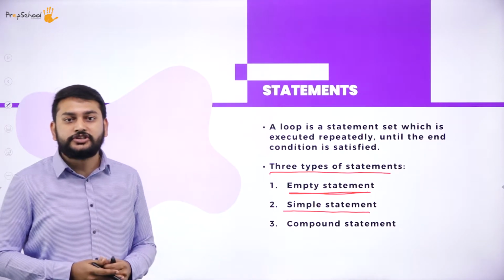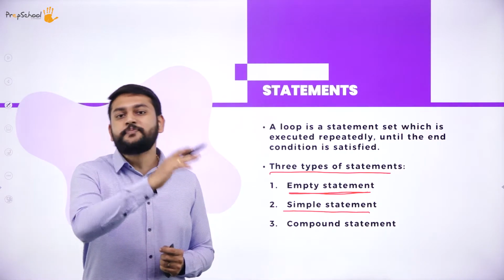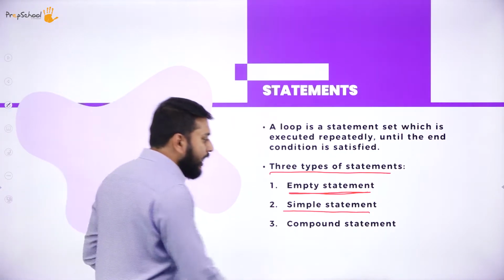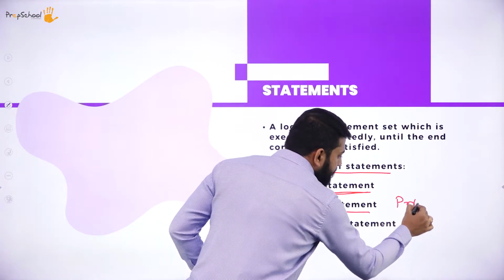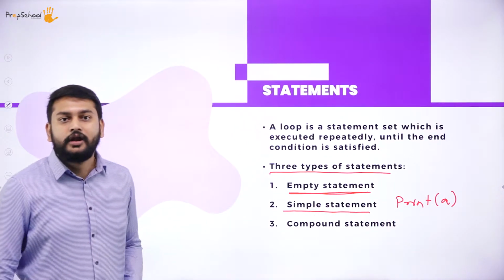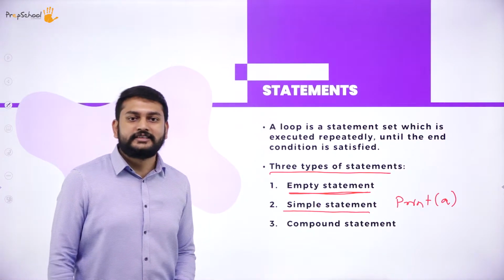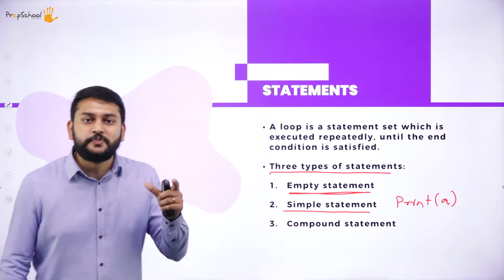Such instructions or statements, I will be calling a simple statement. For example, I have print, if I give A, so this is in one line, right? So this is what I will call a simple statement.